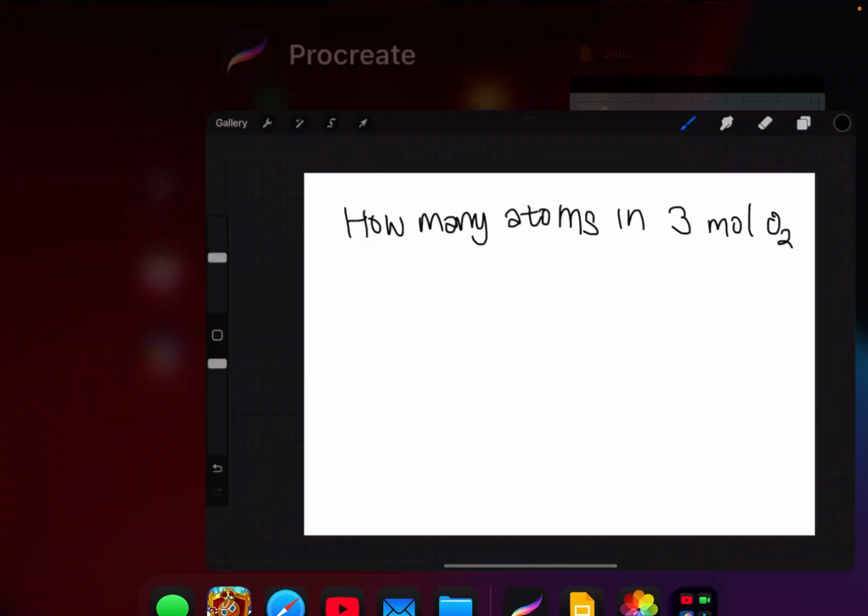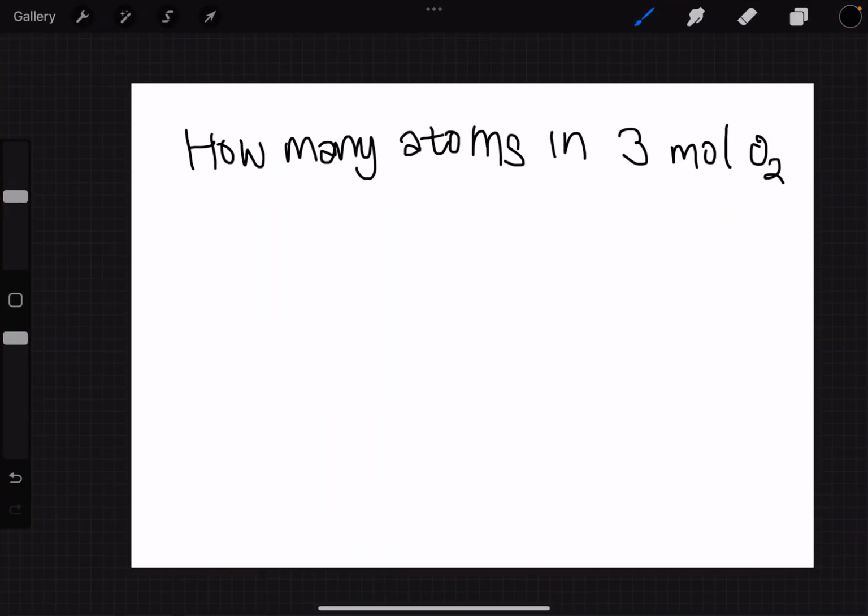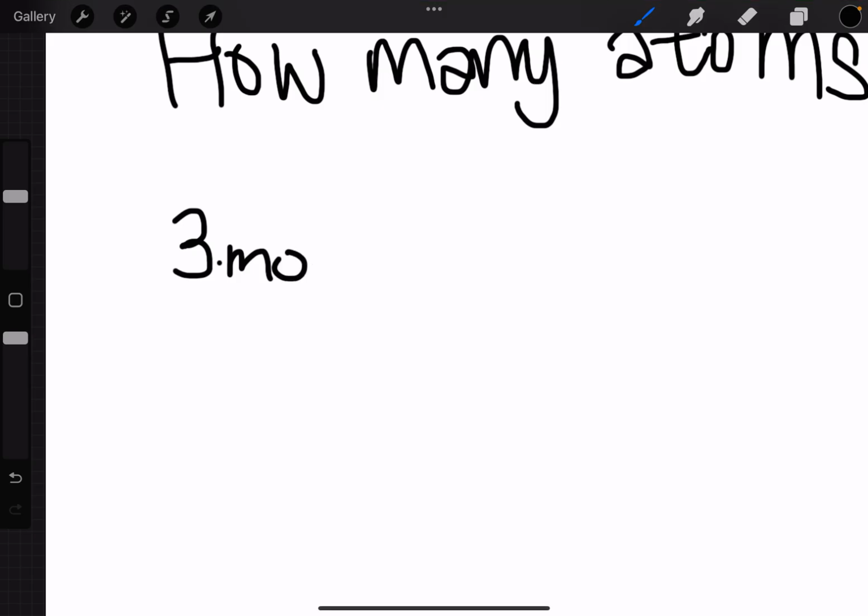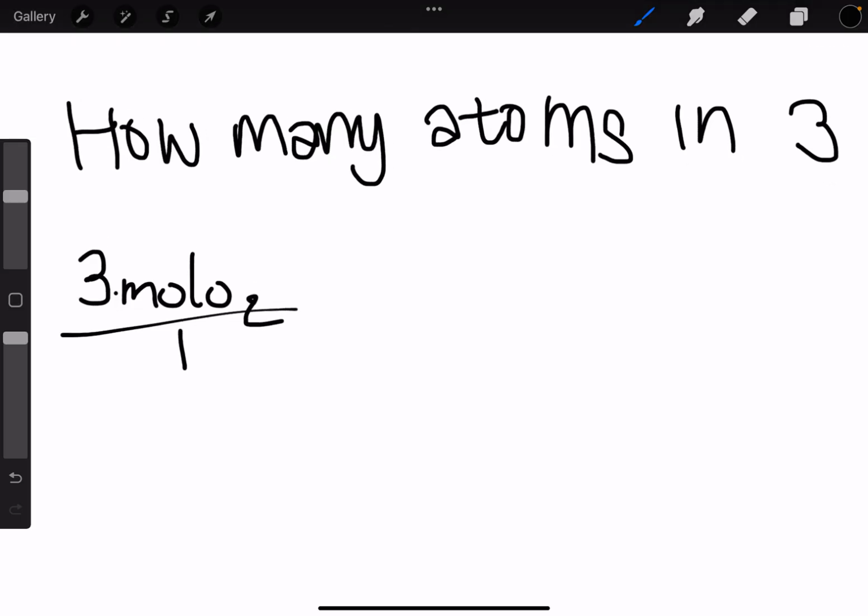Okay. So how many atoms are in 3.02 moles of O2? So essentially, you want to put 3 moles on top of O2 and find how many atoms. But you have to know 1 mole of anything is 6.022 times 10 to the 23.